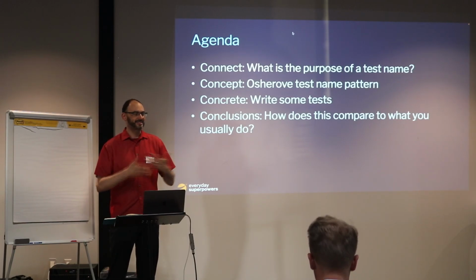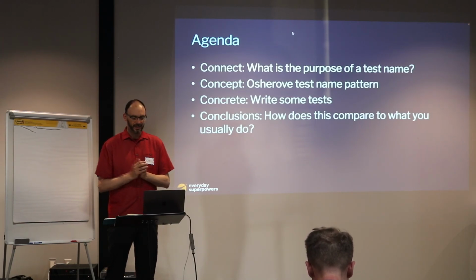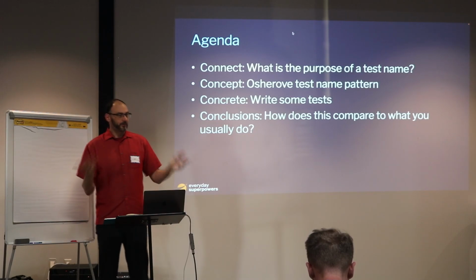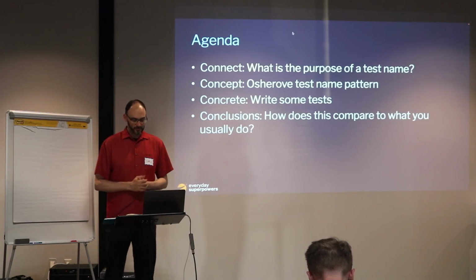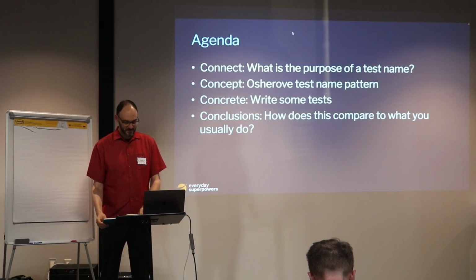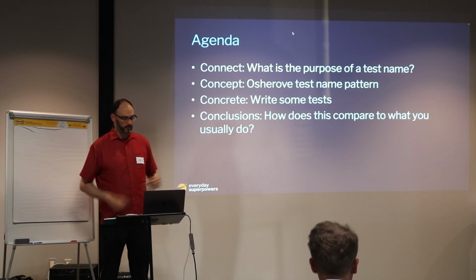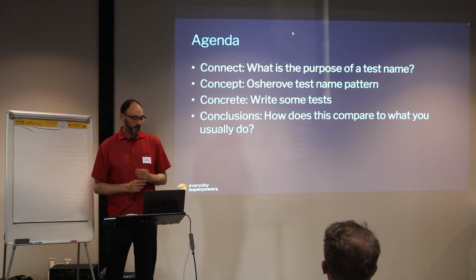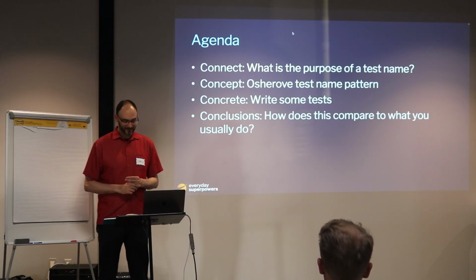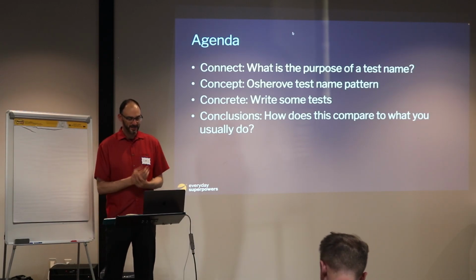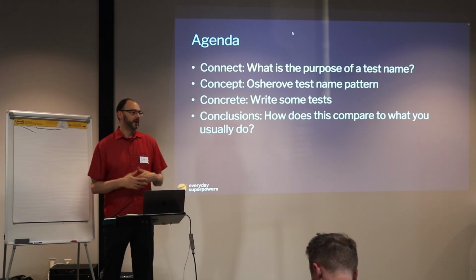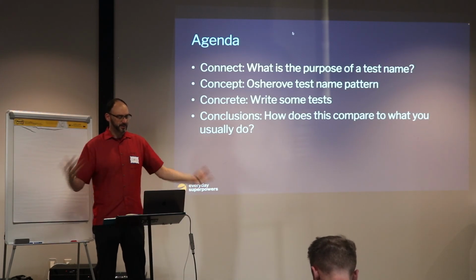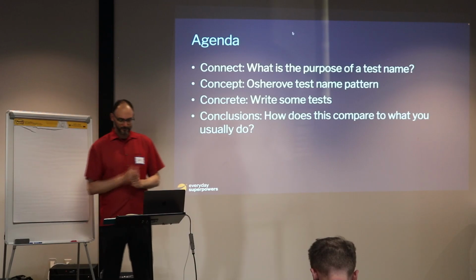We're going to have audience participation for that, to try to find out what we can benefit from changing the way we write test names. I'm going to do an overview of the Osherove test naming pattern. We're going to write some tests, and then at the very end, we're going to discuss what we learned and how this compares to what you usually do.